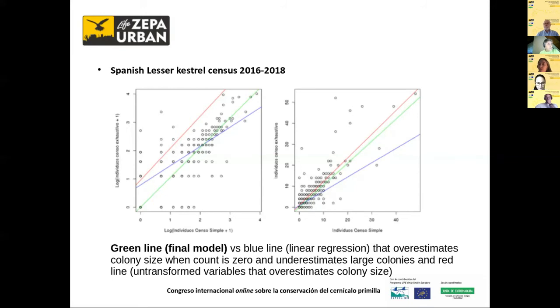As you can see, the green model is the final model, but it's compared to a blue line with the linear regression and a red line, which is a model that is working with untransformed variables. The blue line has the problem that it overestimates the size of the colony in small colonies, as pointed by the blue arrow, and underestimates the size of the large colonies, as pointed by the red arrow.